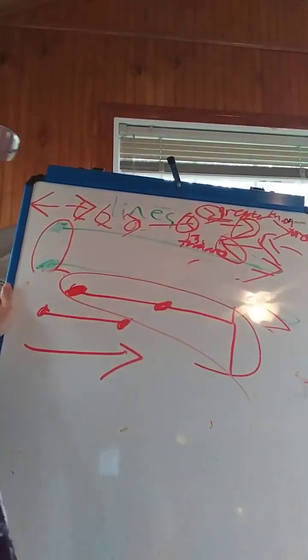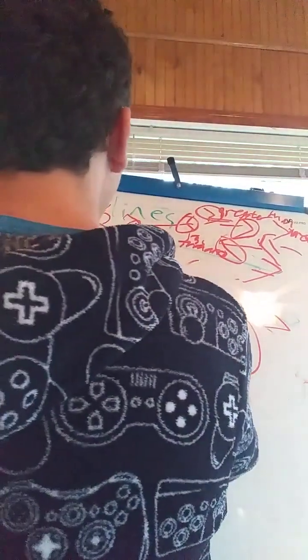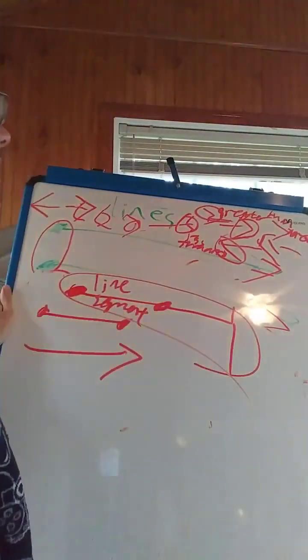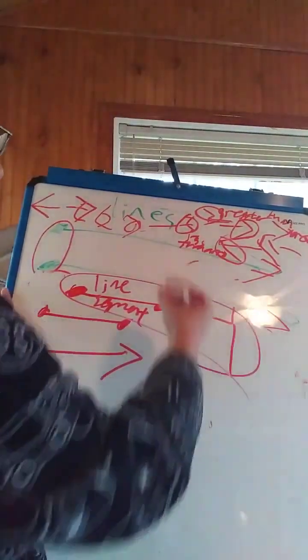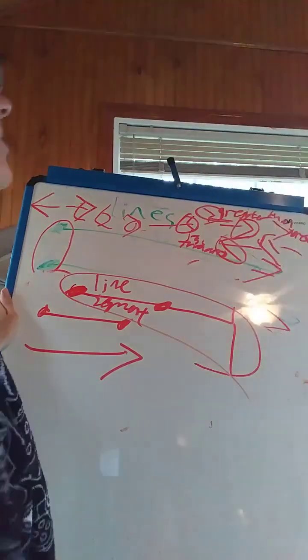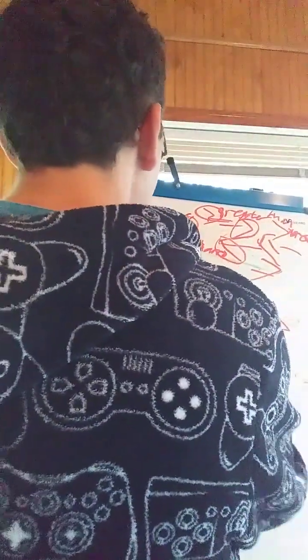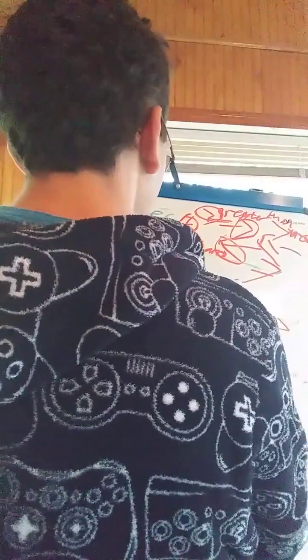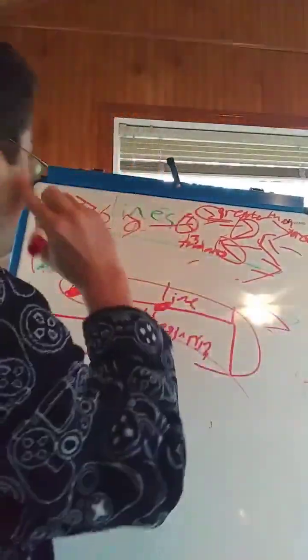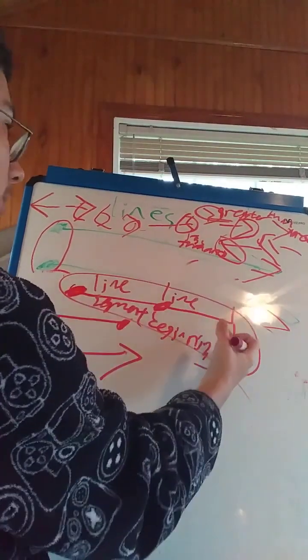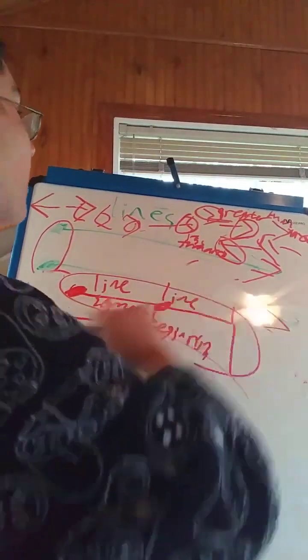So we have the line segment. And then we have either the beginning or ending. Well, I don't want to have to go through all the little explanations. Let's just say the beginning of the line. So, line beginning. We have the telltale sign as this dot right here. And then with this arrow, that symbolizes going right.